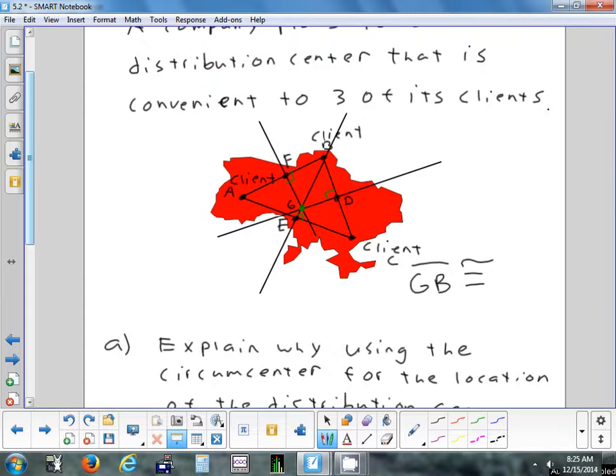From the vertex to the circumcenter. Then from C to G. Again, that's from your vertex to your circumcenter. And from A to G. Those are the distances that are equidistant.